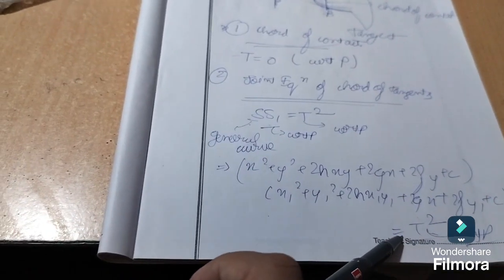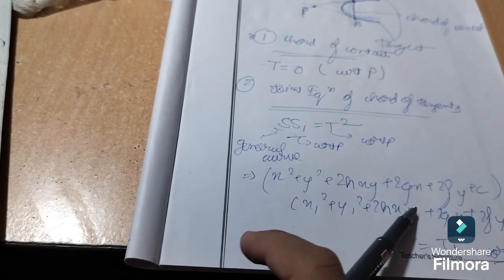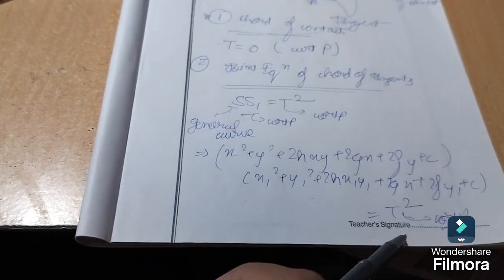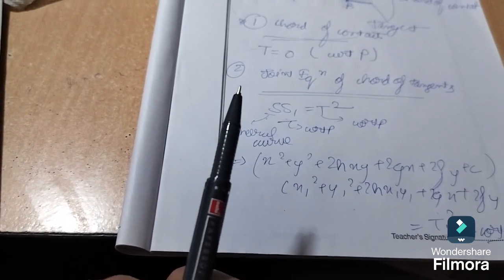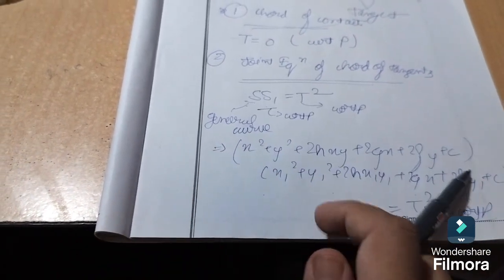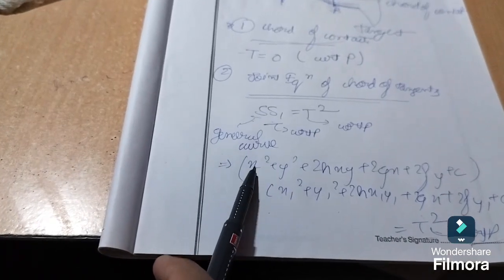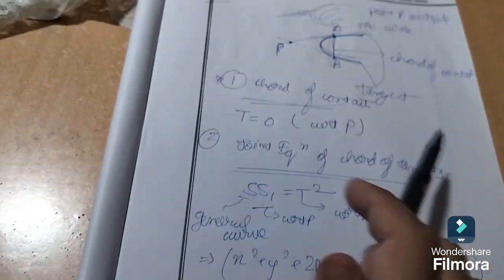T is always with respect to P only, as I have taught you. So with respect to P, you have to write this equation, and this equation is the joint equation of the pair of tangents.